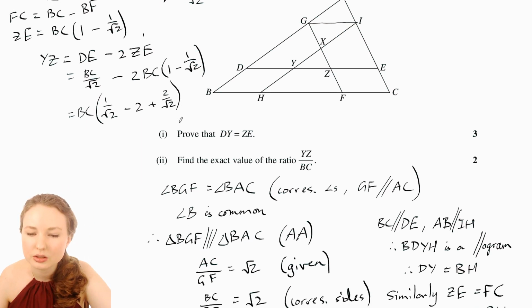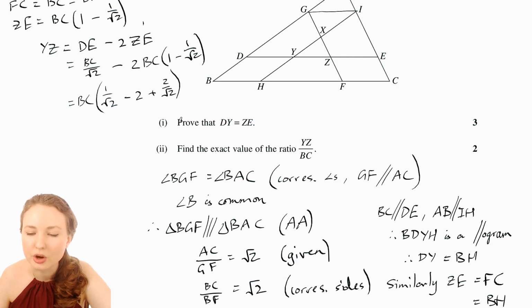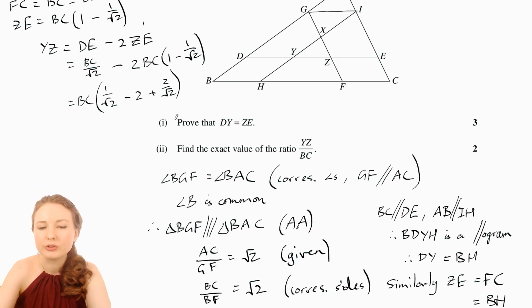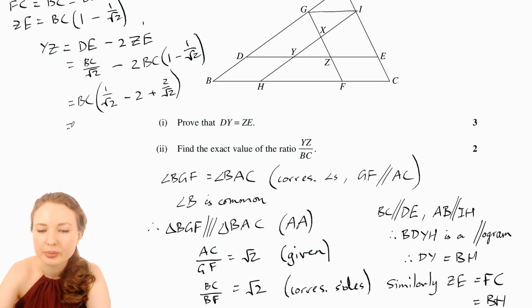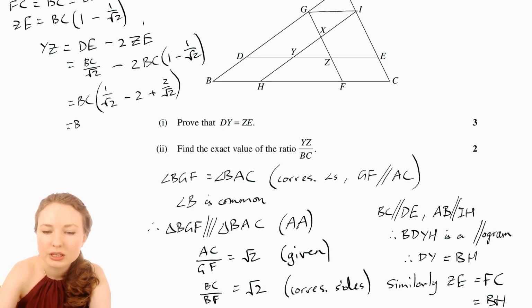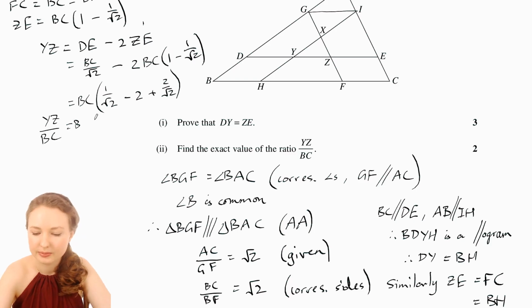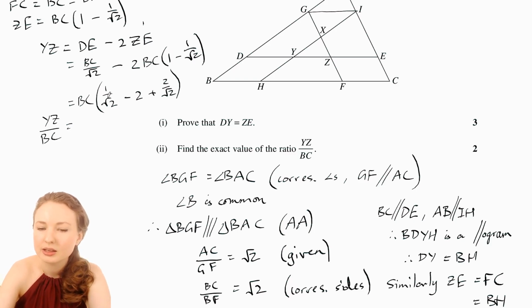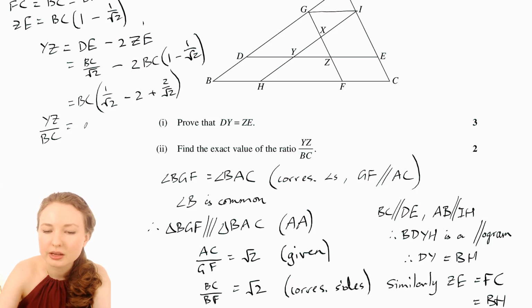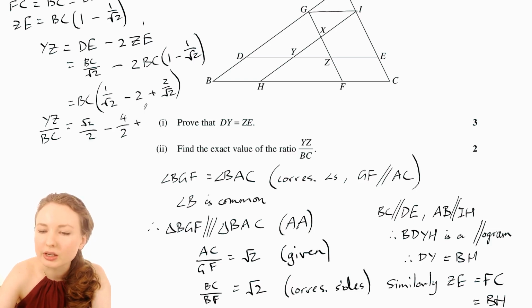So let's rationalize the denominators there. Let's actually move the BC over the other side, so YZ on BC. That makes root 2 on 2. Let's make everything a fraction over 2. So that's 4 on 2, and then that one is 2 root 2 on 2.